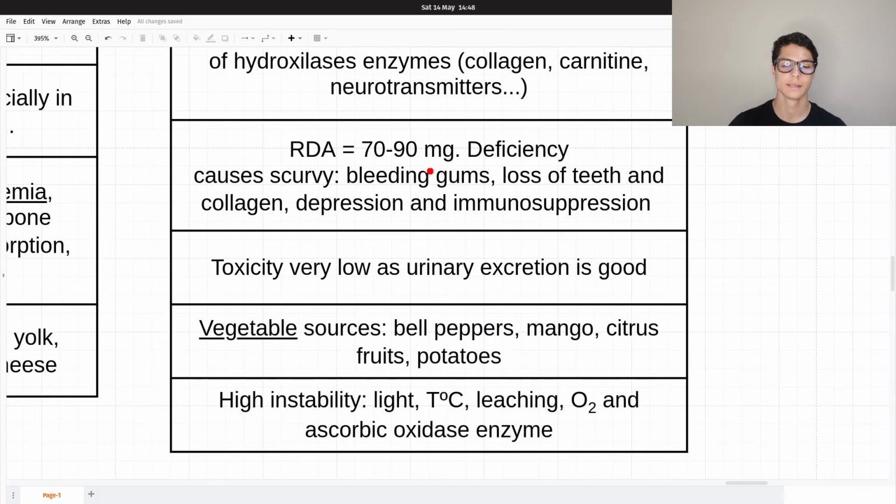The RDA says 70 to 90 milligrams, so it's a pretty high amount a day. The deficiency causes the scurvy, the bleeding gums, the loss of teeth and collagen, depression, and immunosuppression. These are very common symptoms of pirates. Toxicity is very low, as urinary excretion is good.